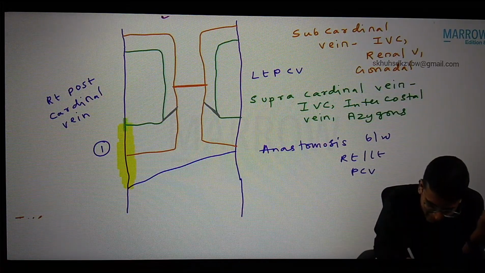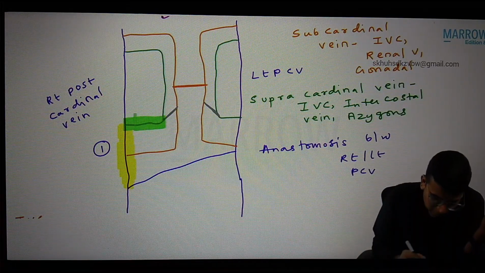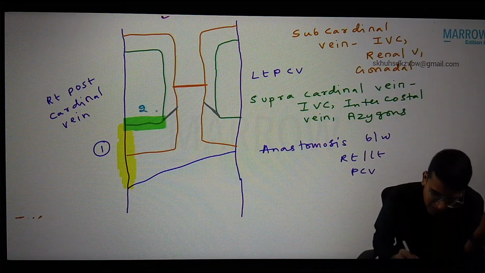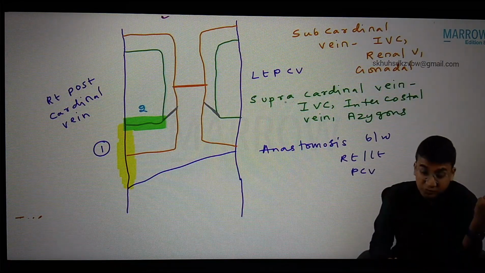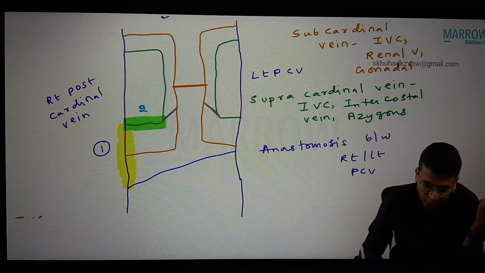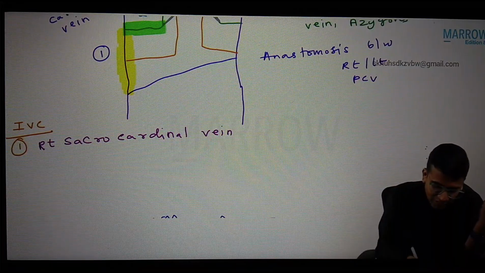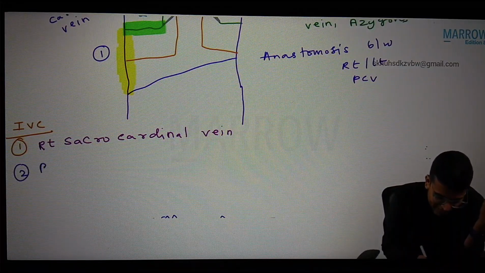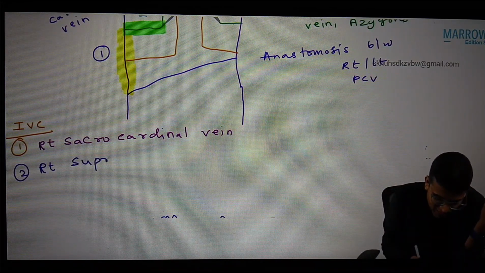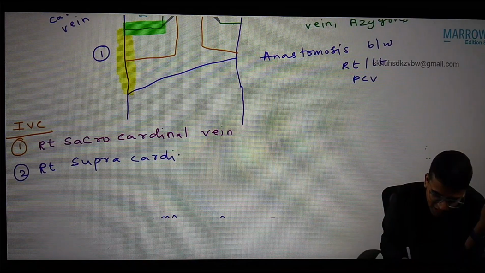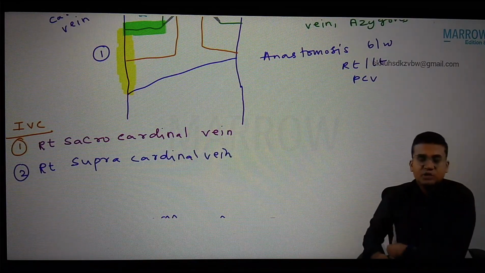I will highlight in green color. What is number two? Number two is green color. What is green color? Supracardinal vein. Right supracardinal vein. So number two, the second source of inferior vena cava is right side supracardinal vein. Okay.